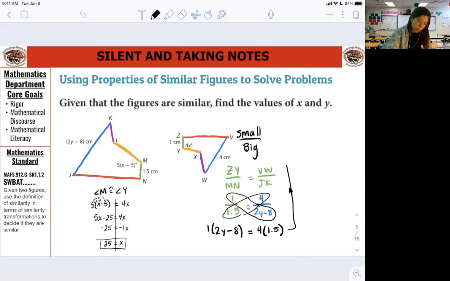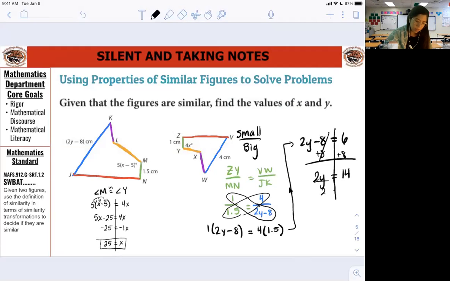So anyways, this gets us 2y minus 8 equals, what's 4 times 1.5? 6. Solve for y real quick. What do we get? Plus 8, equals 14. Divide by 2.